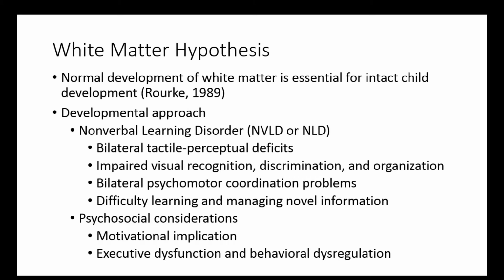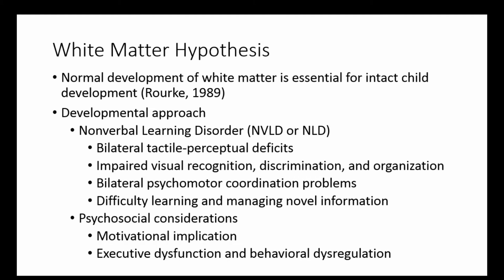So this nonverbal learning disability, or NVLD, NLD, really does capture the fact that these individuals have trouble with visual perceptual integration, visual perceptual understanding and processing, which is very much related to that dorsal stream that we were talking about, that top connection.